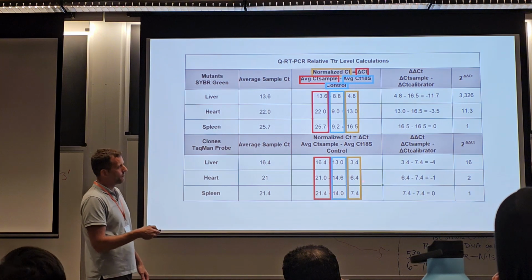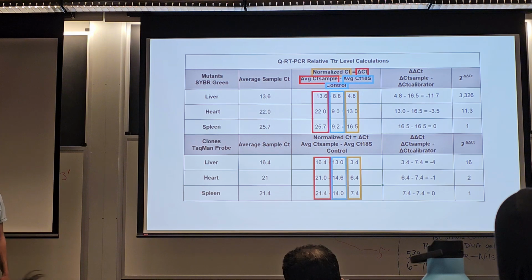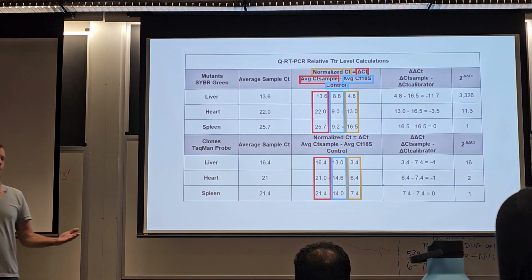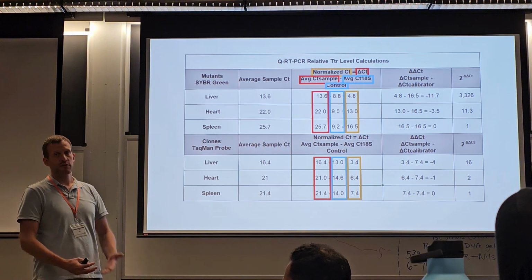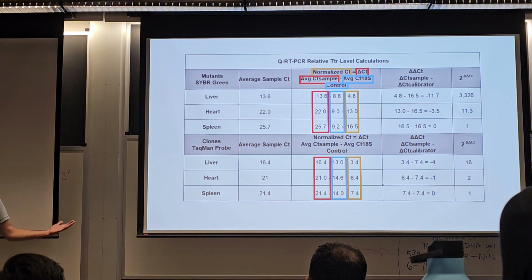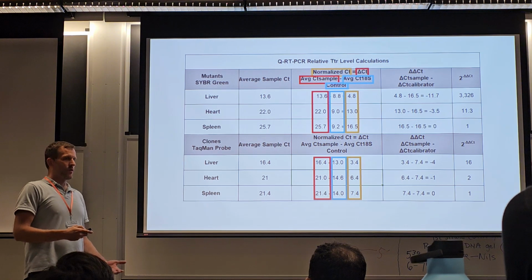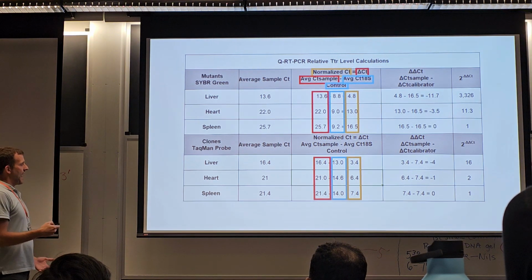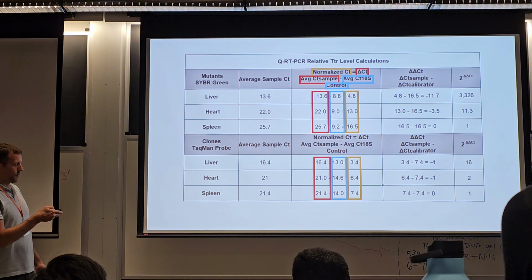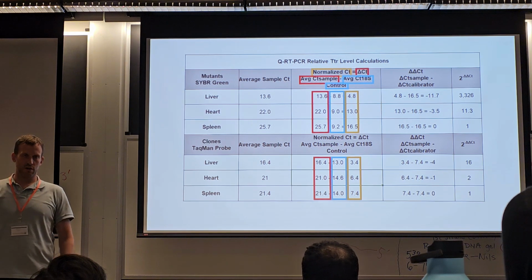But basically, you select one of your 3 samples as your calibrator. So you're going to say, this is the one we want to compare against, right? You have a control sample and then a few experimental conditions. Maybe we know what the expression should be in spleen, and we want to see how liver and heart compare, right?